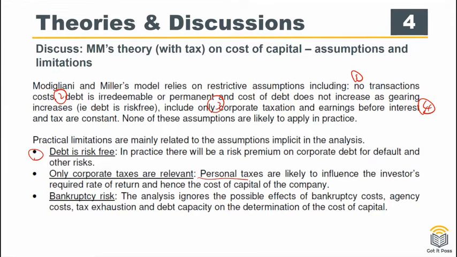And the MM theory ignores the bankruptcy risk. In the model, there's no gearing, no financial risk. You just ignore the possible effect of bankruptcy costs.